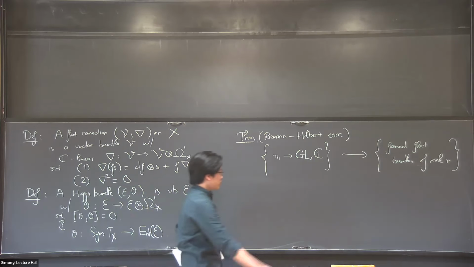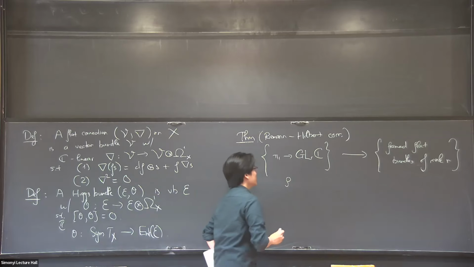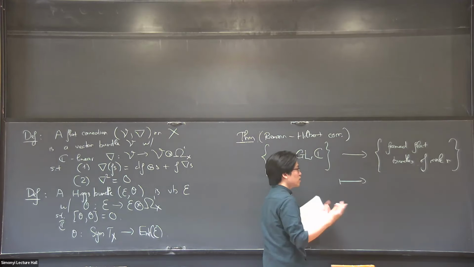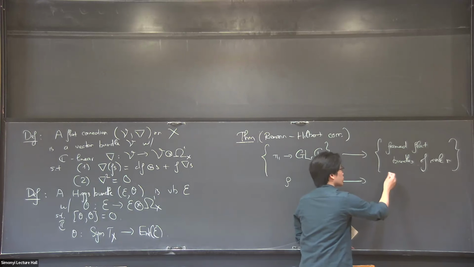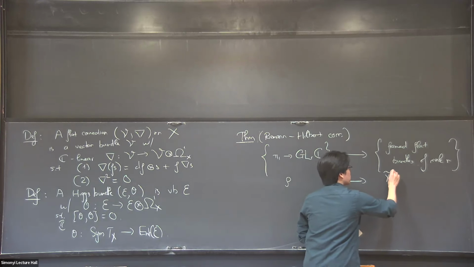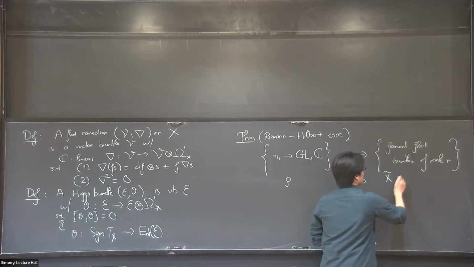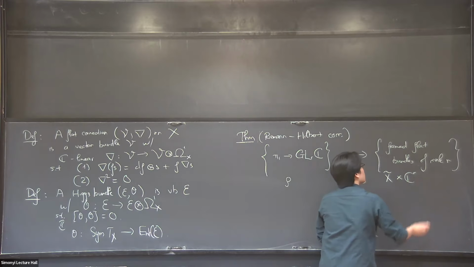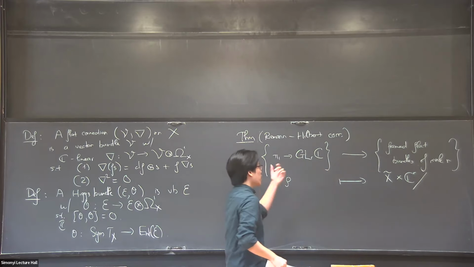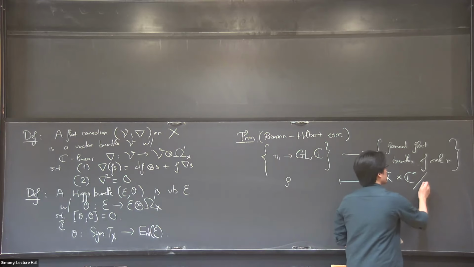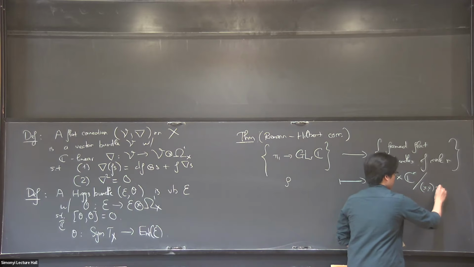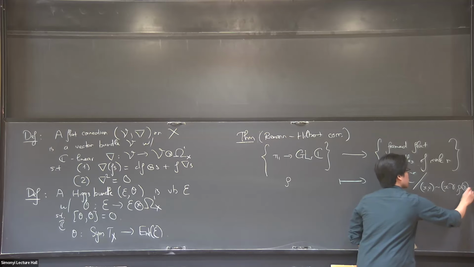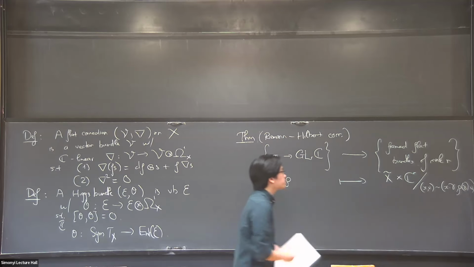And the way this works is that given a representation of pi_1, you can construct the following holomorphic vector bundle. So you go up to the universal cover of X. You take the trivial vector bundle of rank r on the universal cover. And then you quotient out by the diagonal action of pi_1. So V is identified with this.